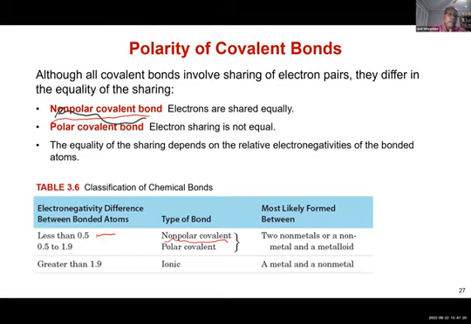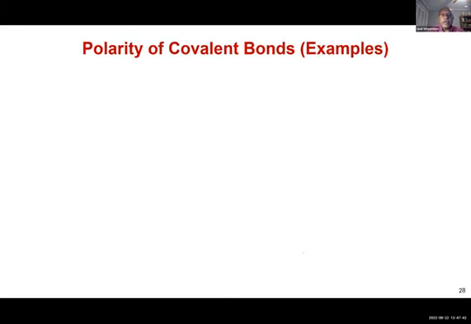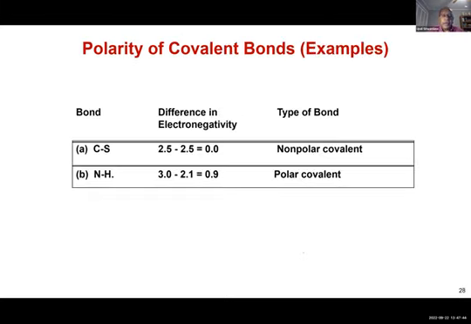It's between 0.5 and 1.9 is polar covalent bond, OH bond, HF bond, etc. Non-metal and metal combination gives electronegativity difference greater than 1.9.